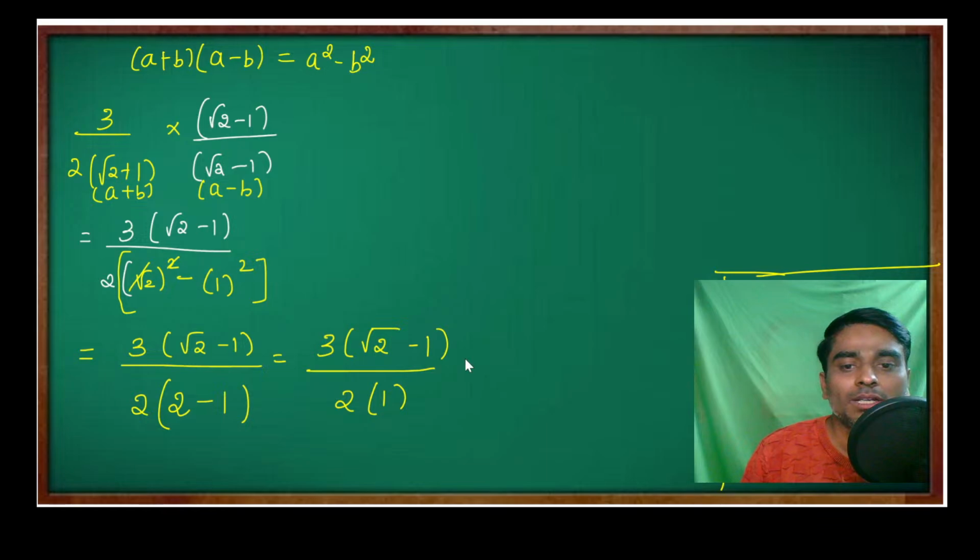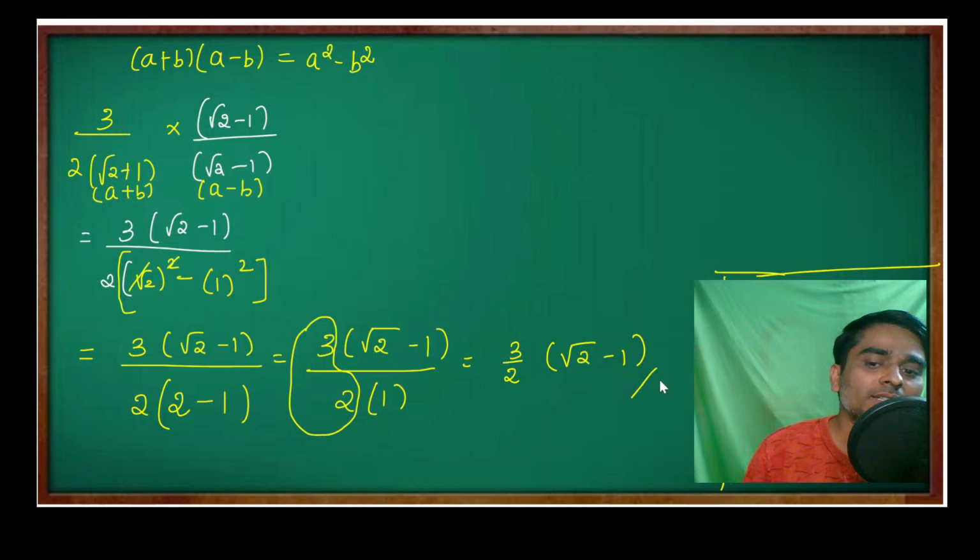Okay. So 3 by 2, these two numbers together I am writing as 3 by 2, and root 2 minus 1 divided by 1 means no need to write. This must be the answer.